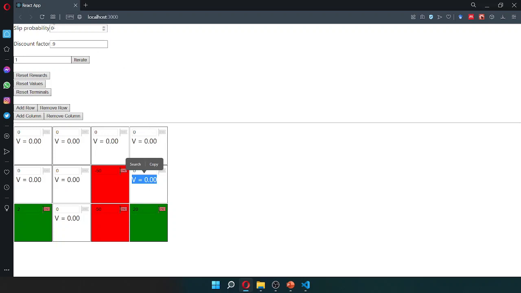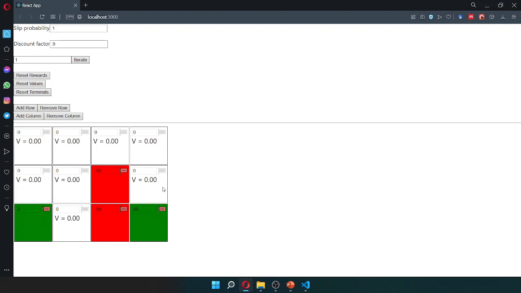We call that the slip probability. Let's just say that the slip probability is 0.1. So there is a 0.9 probability that the agent will go down if you want it to go down, and then there is a 0.1 probability that the agent will go to either left, up, or the same state.